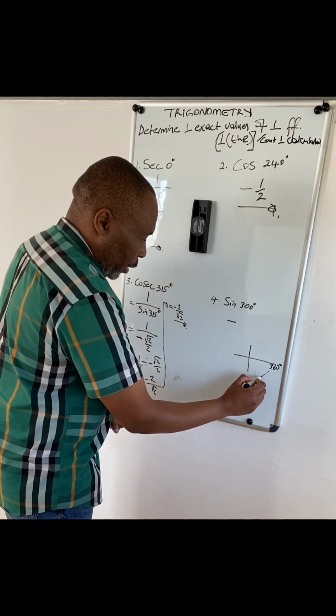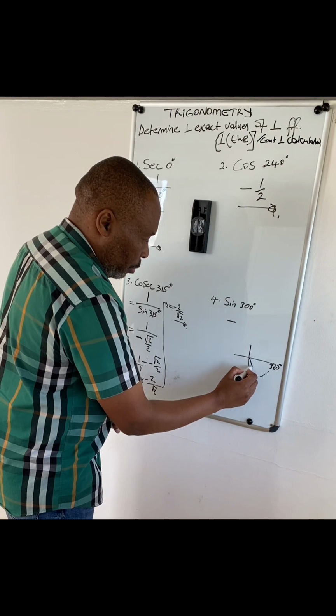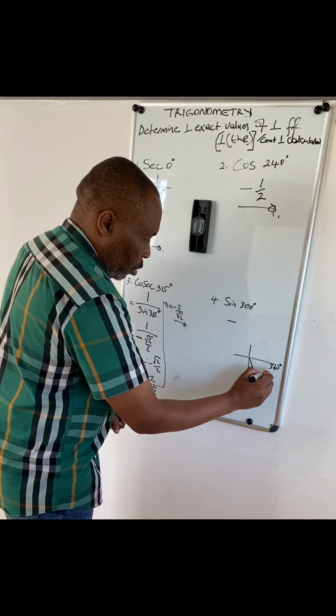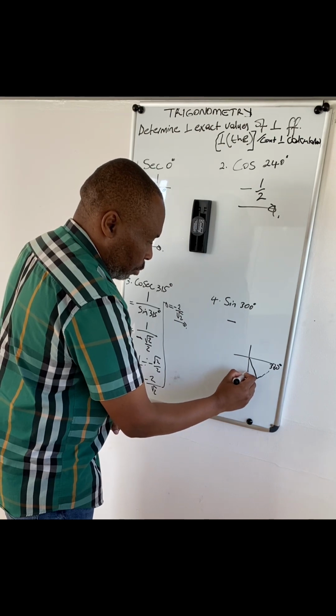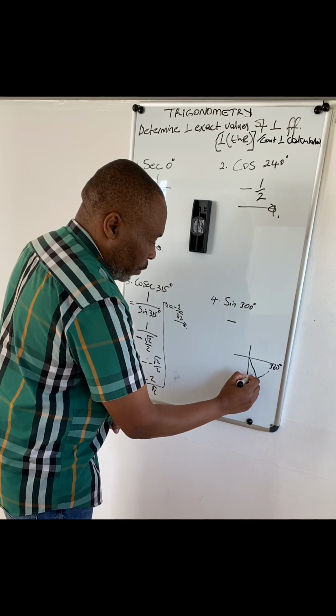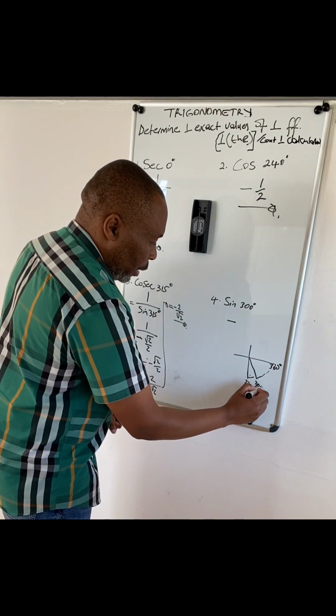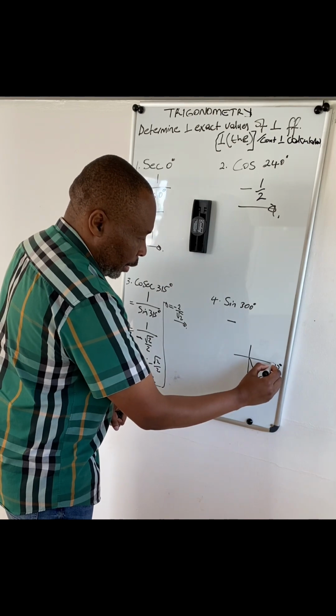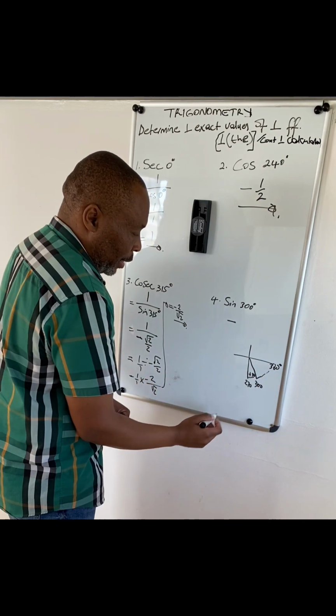So sine 300, if I say 360 minus 60, it comes down here and becomes 300, because here we've got 270. So we added 30 from here to get 300, and 360 minus 60 gives us 300.